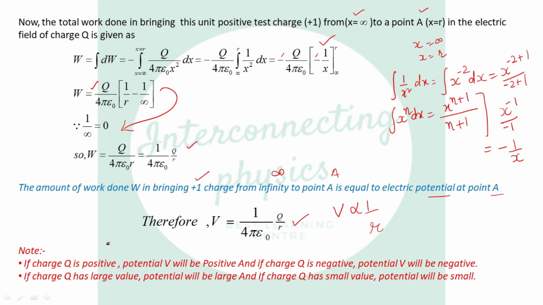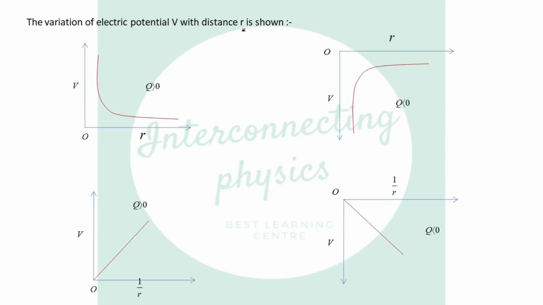Now if charge q is positive, potential will be positive. If charge q is negative, potential will be negative. If charge q has a large value, potential will be large, and if charge q has a small value, potential will be small. And the variation of electric potential with distance is V and R. For positive charge, the variation is like this.